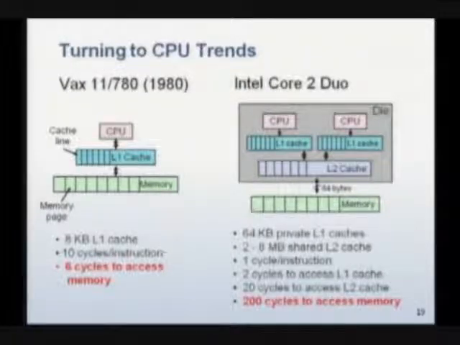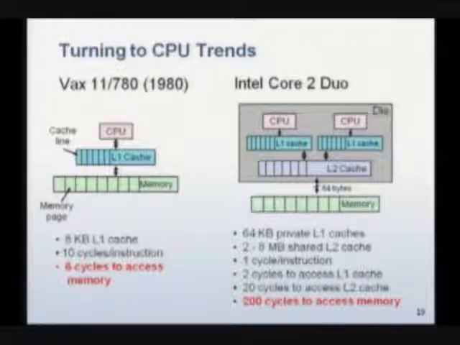Now, I couldn't possibly draw a Nehalem. My PowerPoint is not good enough to give you a Nehalem with split memory, quad core. So those CPUs are really cores, and the whole die is the CPU, et cetera. But now we have 2 levels of cache or 3 levels of cache. We have private caches for instructions and data at the L1 level. We have shared caches at the L2 level.